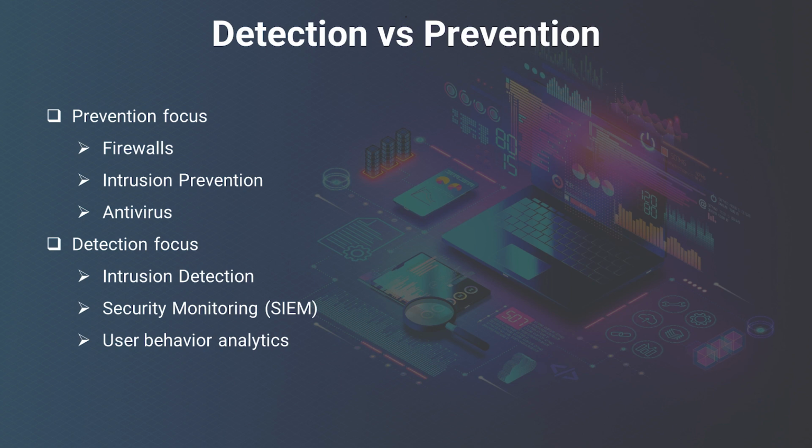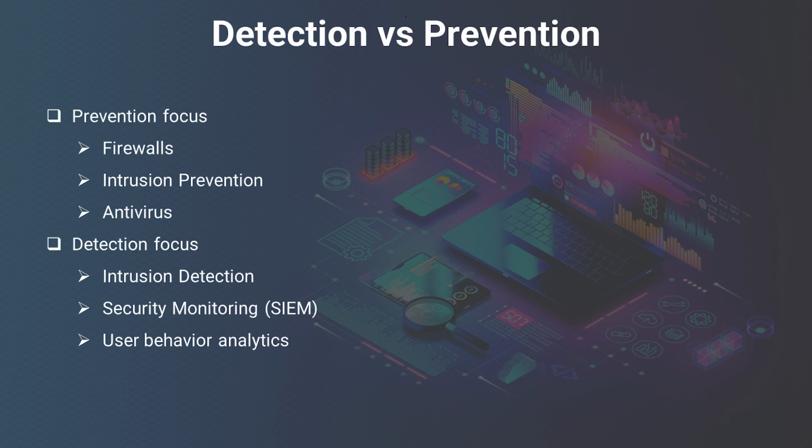Now, detection involves the use of security technologies and processes to identify security threats as they occur or after they have already occurred. These technologies and processes can include security monitoring tools, intrusion detection systems like an IDS, and security incident and event management systems, so a SIEM.